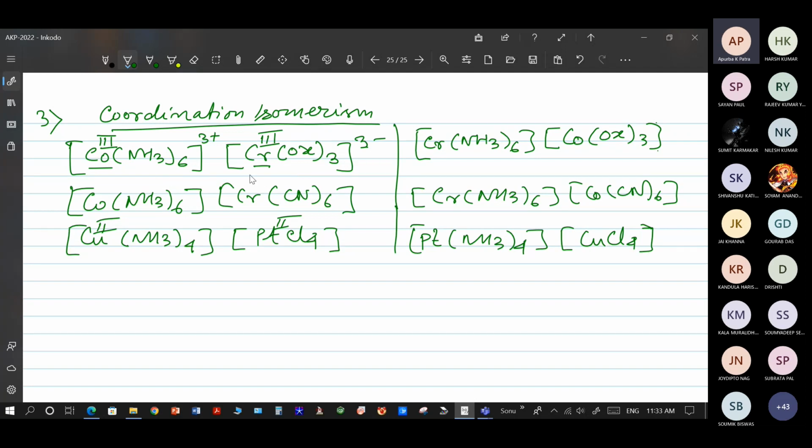But if you make a solution of this type of complex, then you can easily find out whether ligand exchange occurs or not. Whether the oxalate anion leaves the chromium 3 center and prefers to bind to the cobalt 3 center, and gives you a different complex or its isomers like this way.